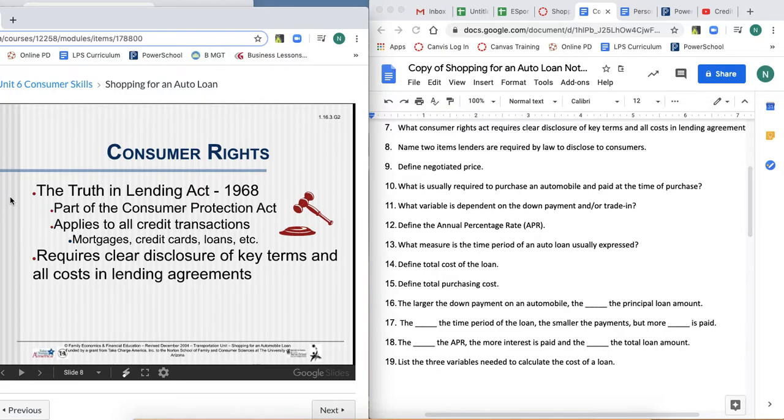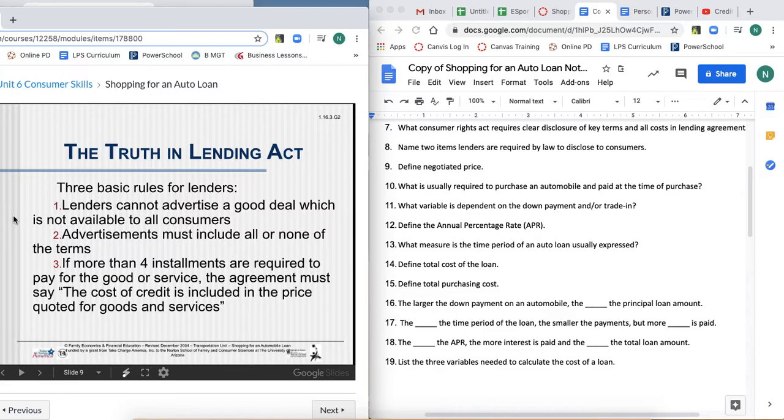So this would be any type of loan, any mortgage or home loan, credit cards, anything where you have a line of credit with somebody else, and it requires that the lender disclose the key terms and all the costs in the lending agreement. So whenever they give you the contract, they have to include all of the details and list them. That way you have the opportunity to see them and you know exactly what you're getting yourself into when you are signing this contract for the loan.